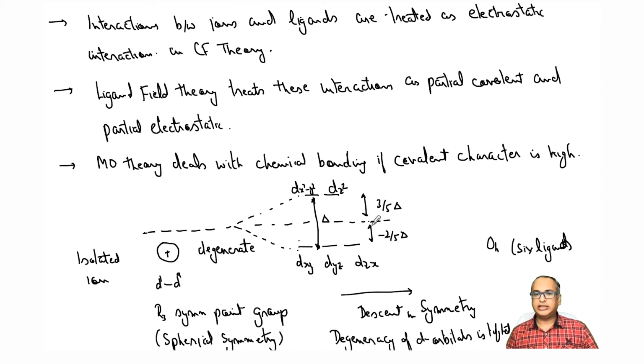So there is a descent in symmetry of the isolated ion, and then you see that the degeneracy of d orbitals, which was there in the R3 point group, gets lifted when you go to the OH point group, right? So by the way, the most common coordination in transition metal complexes is ML6. But as I said, we can also have ML4 type of tetrahedral complexes.